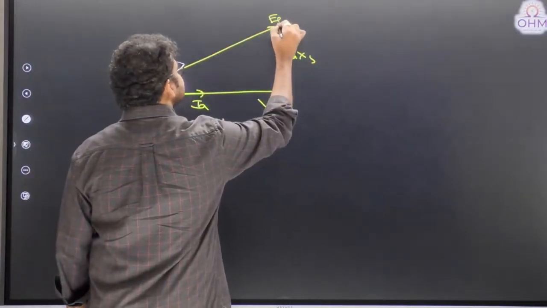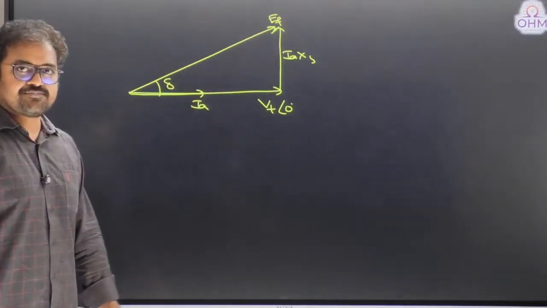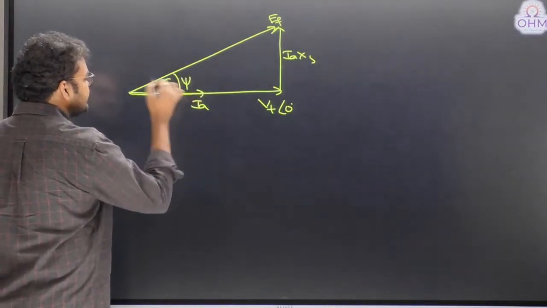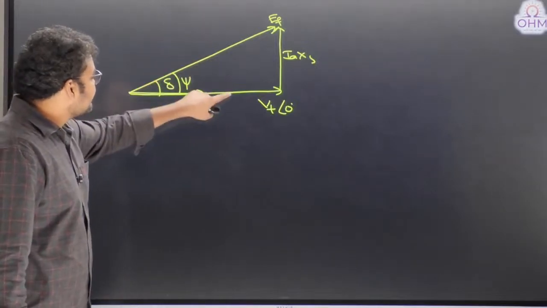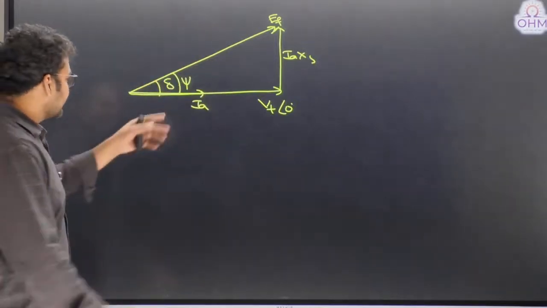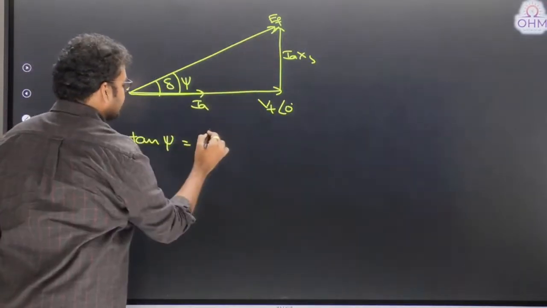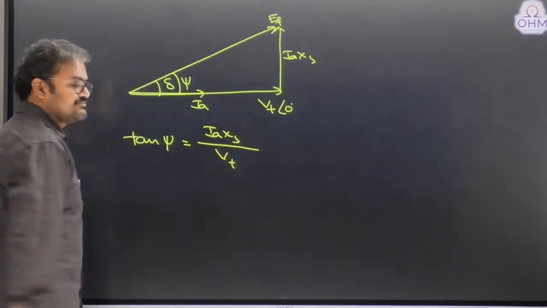Can I say this is the phasor diagram using unity power factor condition? Yes. Now you can calculate, this is psi as well. Why? Because angle between EF and VT, that is psi. So you can directly calculate tan psi is equal to opposite side IAXS by adjacent side VT.